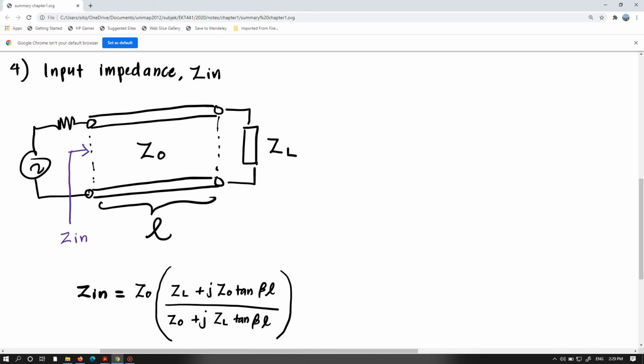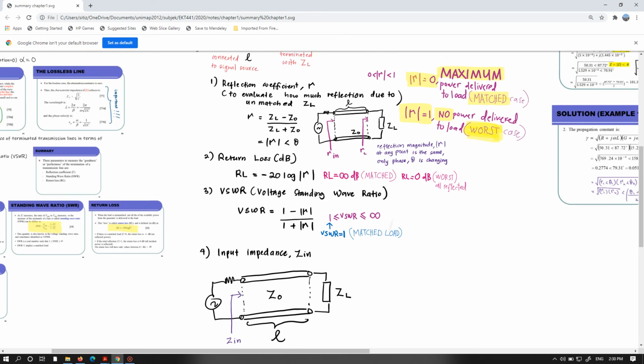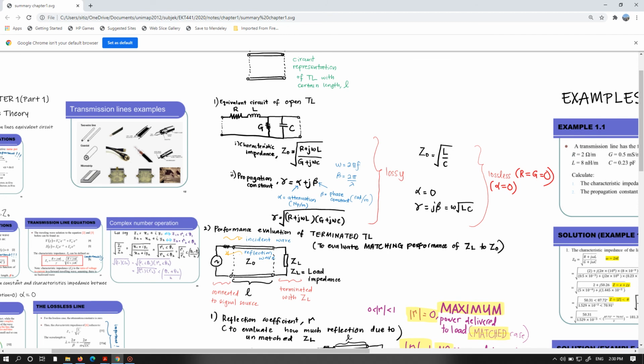So that's all the important parameters that you have to know in this chapter 1 part 1. Firstly is about the circuit. From that equivalent circuit, you can get the characteristic impedance and also the propagation constant.